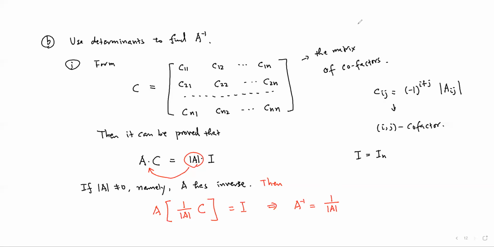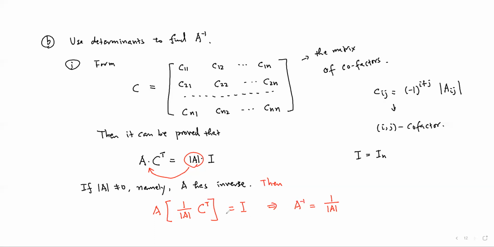Now I missed a transpose here. A times C, not A times C, but A times C transpose is equal to this number times I. When this number is non-zero, I move this number to the left side to get this equation. So yes, I missed the transpose.